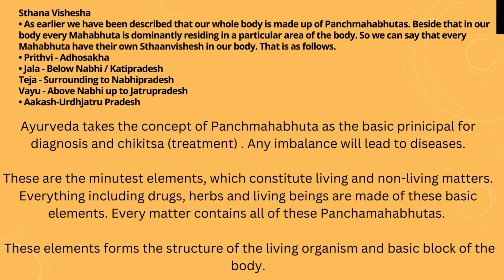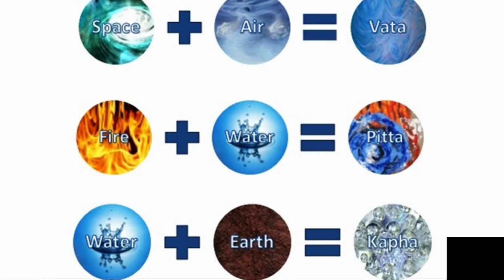Ayurveda takes the Panchamahabhuta as the basic principle for diagnosis and treatment. And if there is any imbalance, it leads to disease. Based on Panchamahabhuta, Ayurveda has classified ailments in Vata, Pitta and Kapha, where Vata is equal to space plus air, Pitta is equal to fire plus water, Kapha is equal to water plus earth.